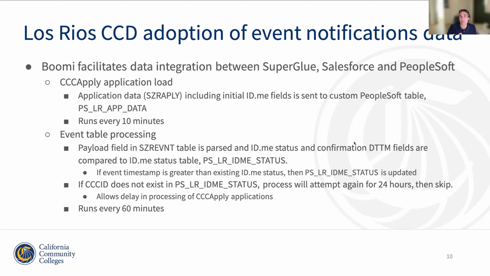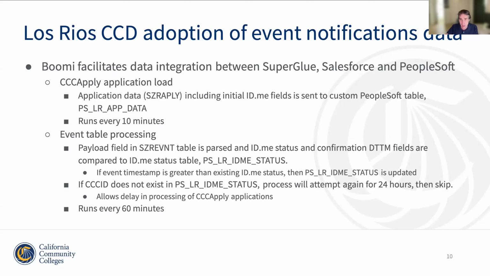First, we take the CC ID and see if it exists in PeopleSoft. If it doesn't, we skip it and check again after 24 hours, so that if there's a delay in an app getting processed, the event won't be missed. The app gets processed and the event comes around later and gives us the latest status, so we don't miss any.